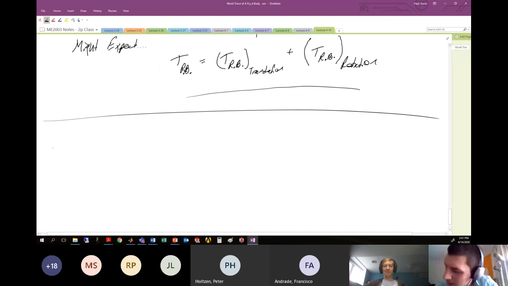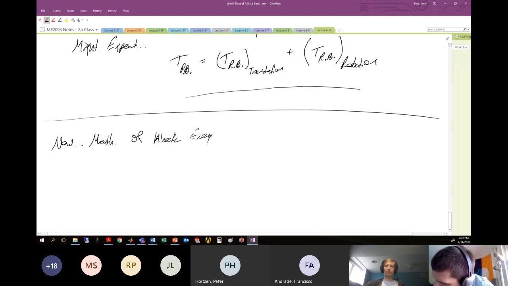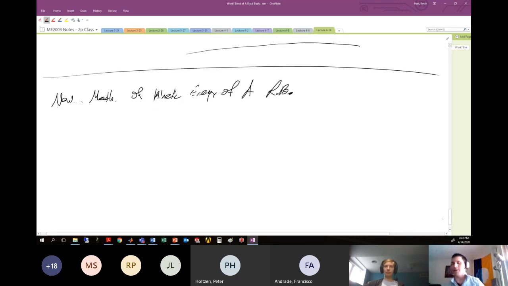All right, so now math. This is the math of kinetic energy of a rigid body. Let's lay the groundwork.